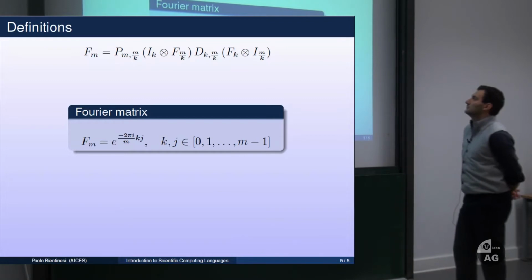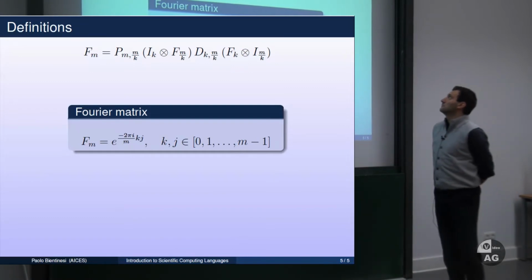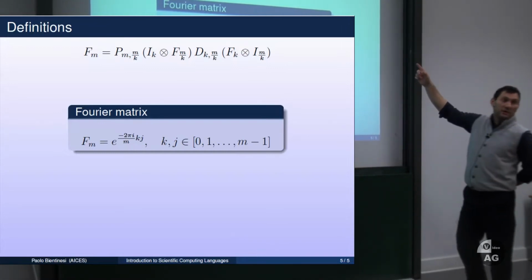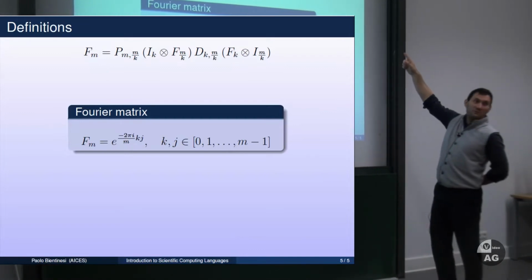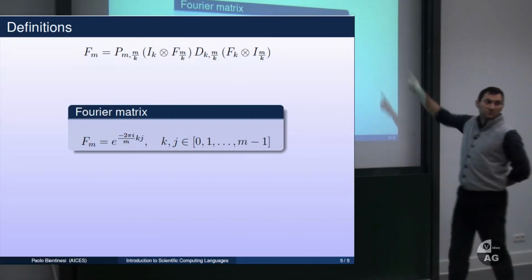The next question is, how do I calculate k? If m is 4, is k then 2? It's always half of m, or what is k? You fix k. k can be 2, then you would have I of m over 2, Kronecker product with F of 2.